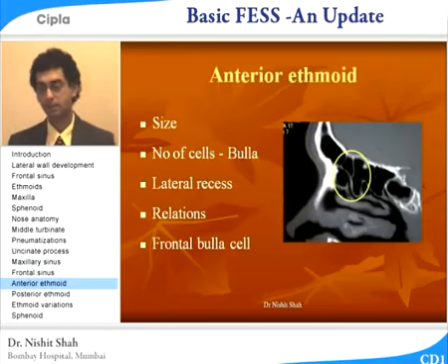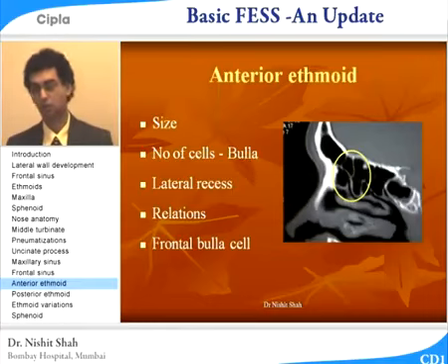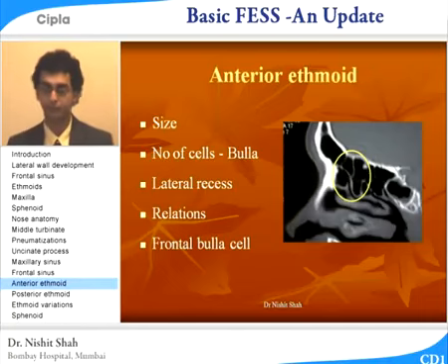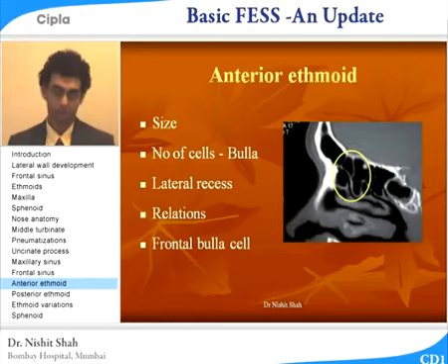So now we come to a discussion of the anterior ethmoid sinus. The anterior ethmoids can be hypoplastic to being extensive, but not as variable as the frontal sinuses. Number of cells, however, can be variable, from a few cells to even 12, 13 cells. The lateral recess will then form the retro and the suprabullar recesses.